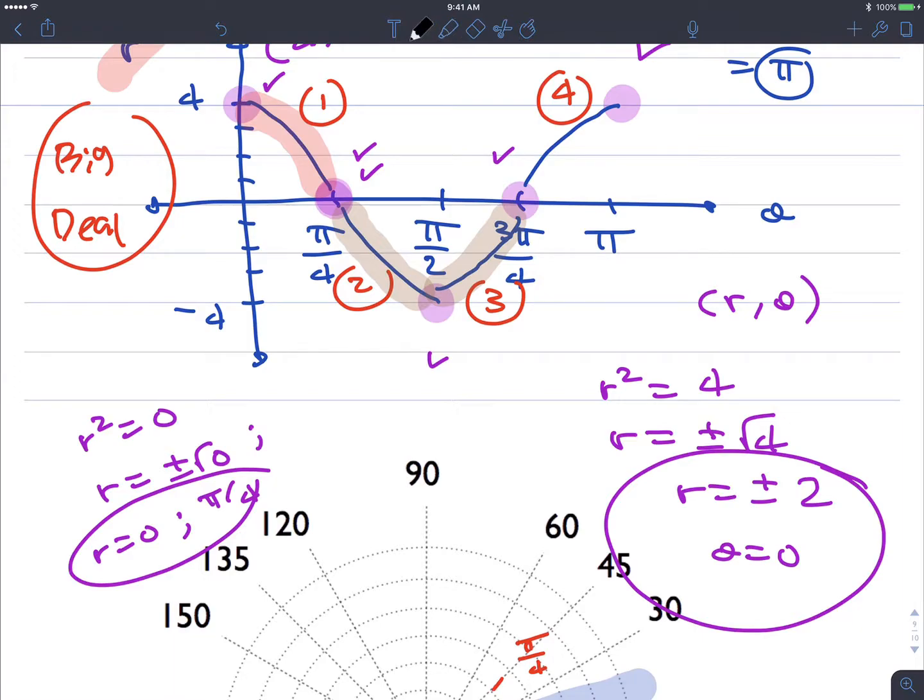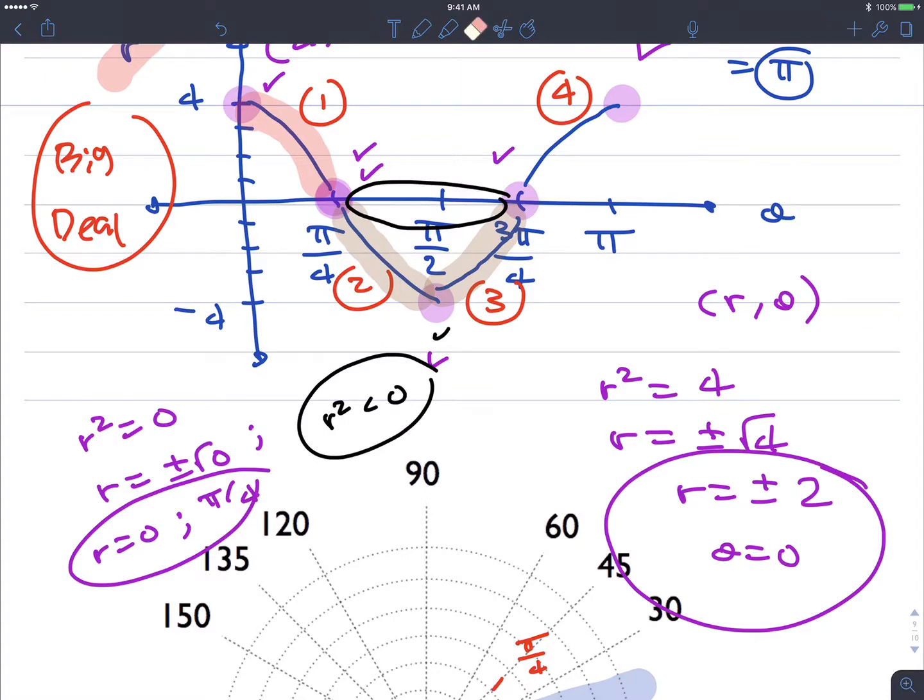R squared, remember R squared? R squared could never be what? Negative. So for these values here, for these angles, all of these angles, R squared would be negative. So we're not going to graph these points, anything in this portion right here.